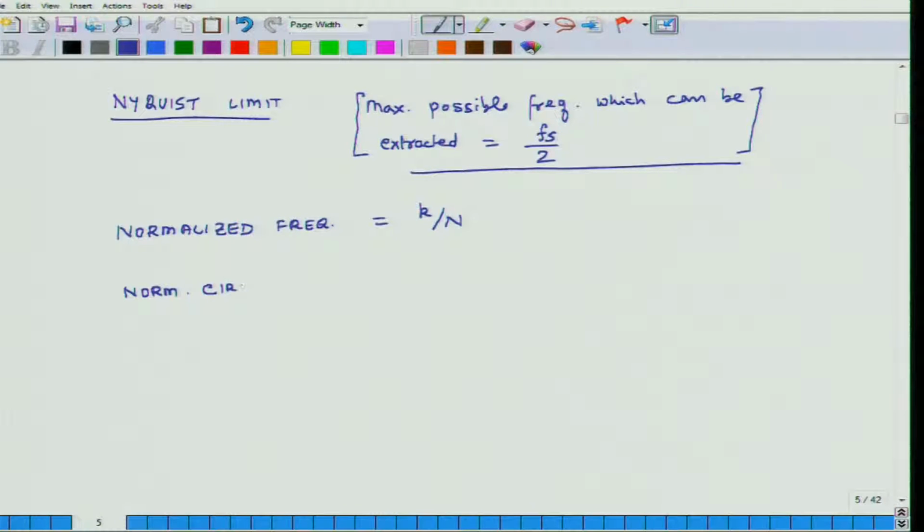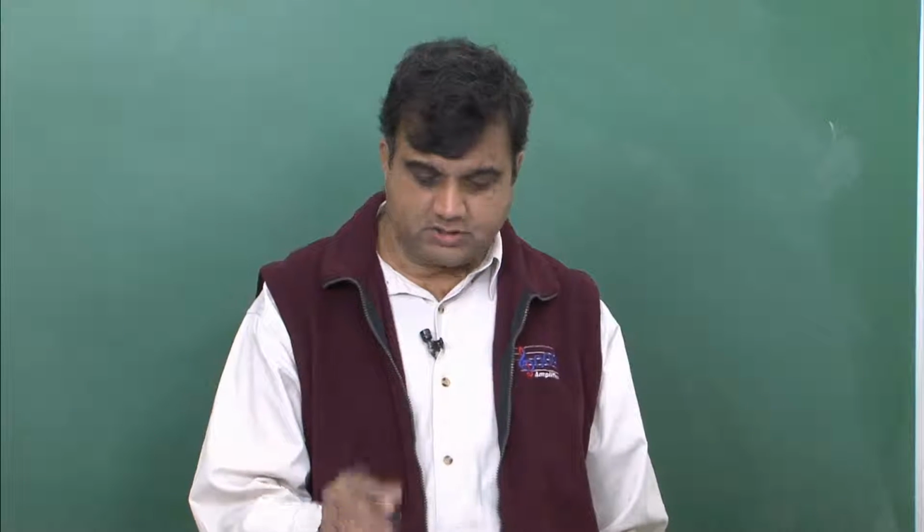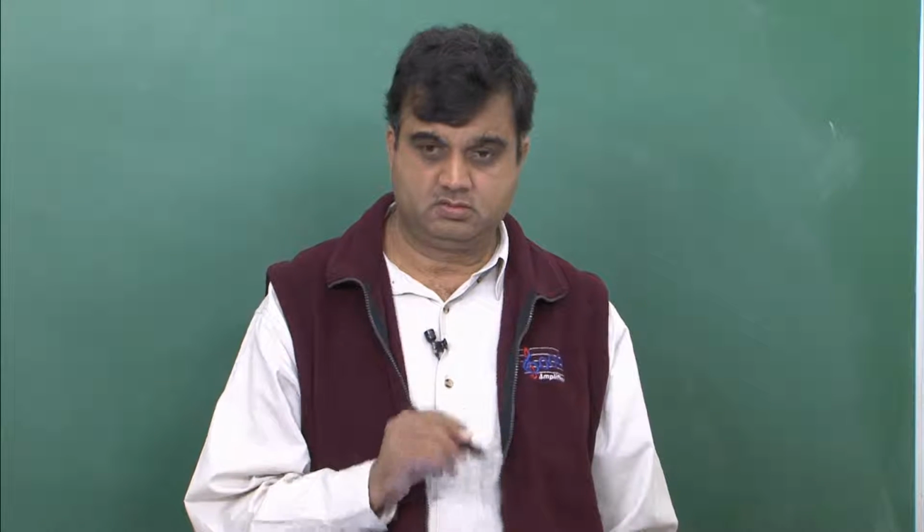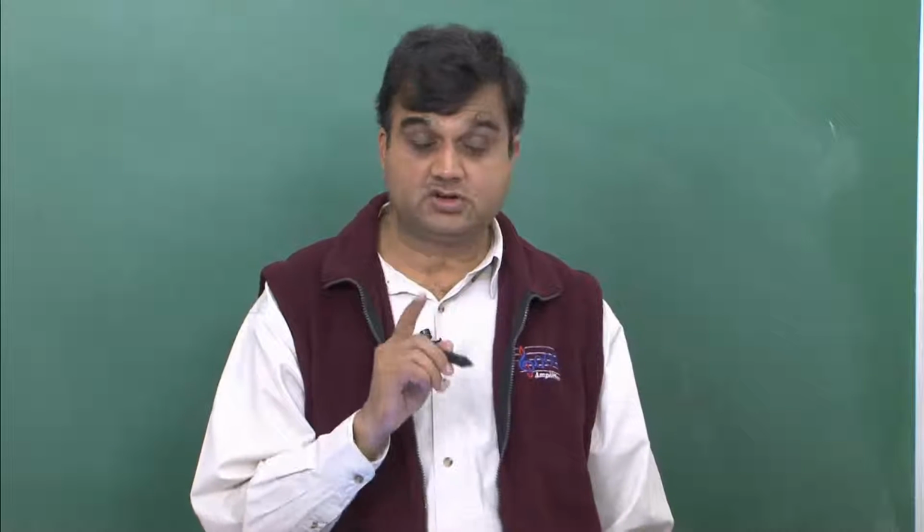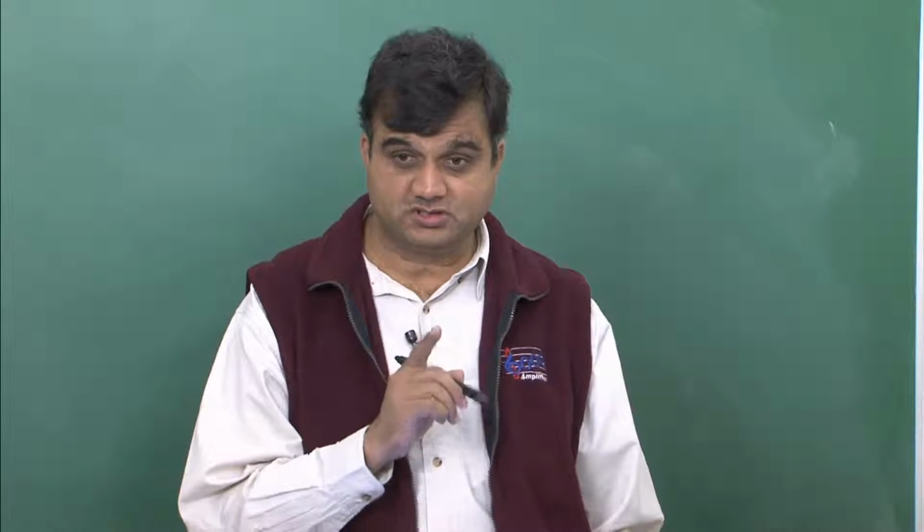Okay. So, then there is the normalized circular frequency, and that is 2 pi k over N. So, each xk is associated with a normalized frequency, which is k over N. And remember, this is not the actual frequency, this is the normalized frequency.